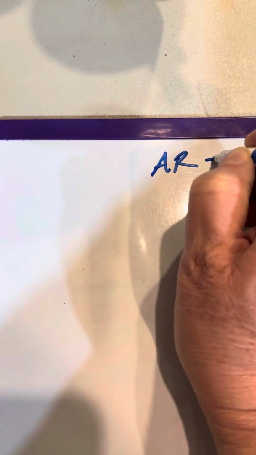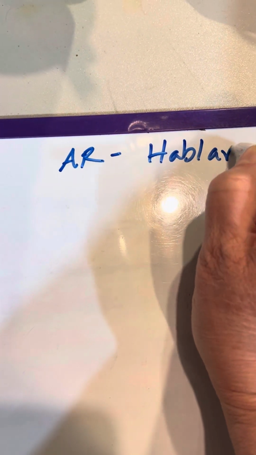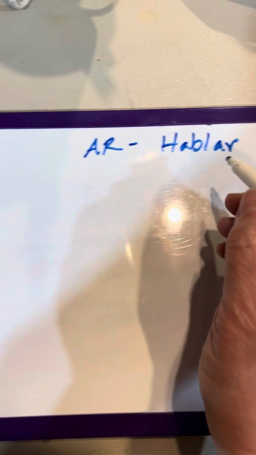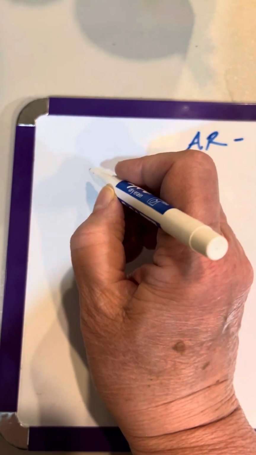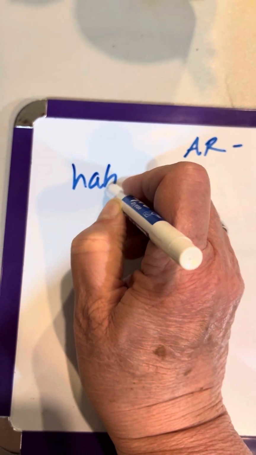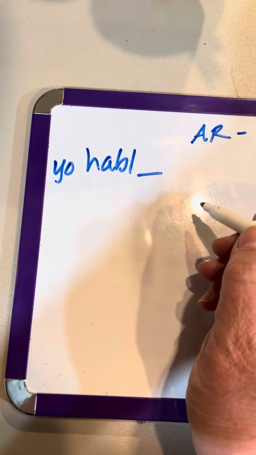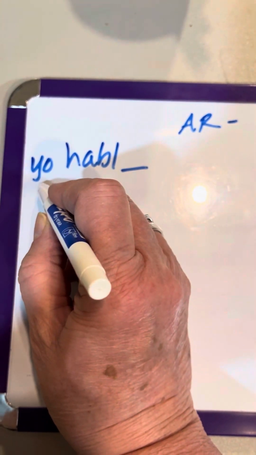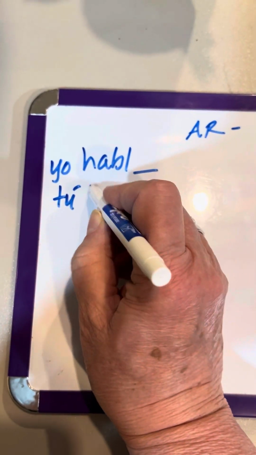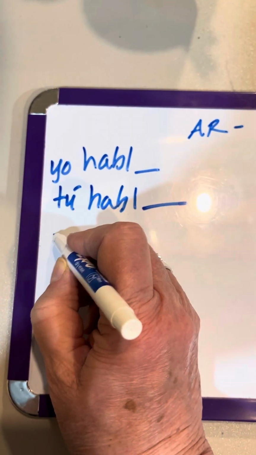Okay, so we have AR verbs, and we take the verb, for instance, hablar. If you remember, that means to speak. And we're going to conjugate, take off the AR, and we're going to put yo. Who remembers? Tú. Who remembers?